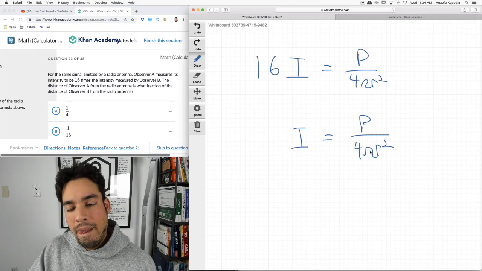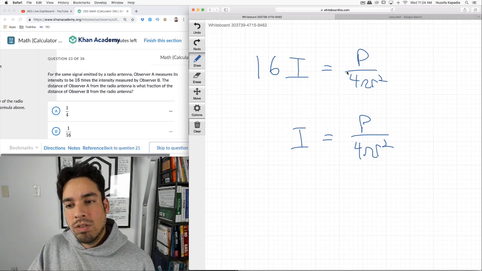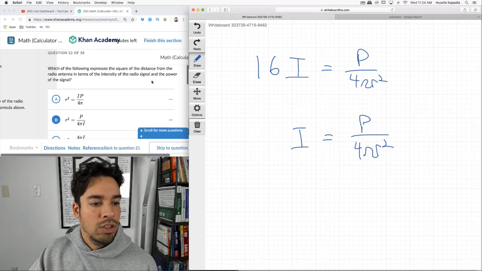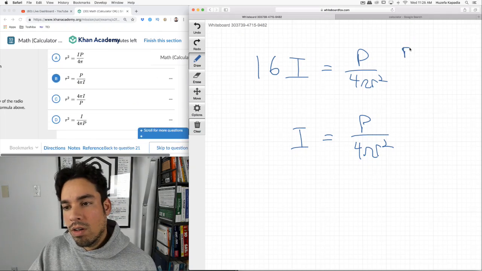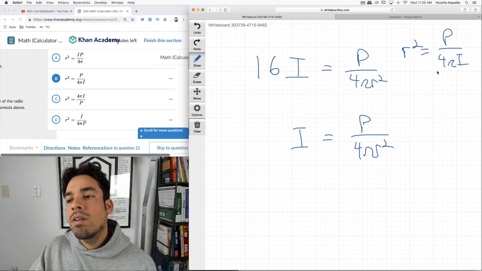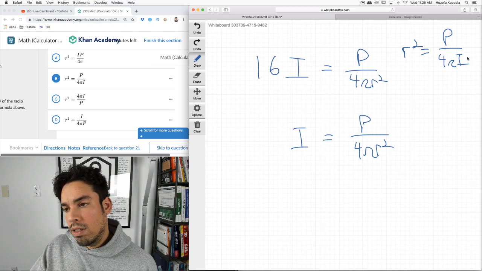So, hold on. So it's 4. You know what? I shouldn't have undone that. Should have kept this. R squared equals P over 4 pi I. So in one case, I is 16 times the other one. Right?